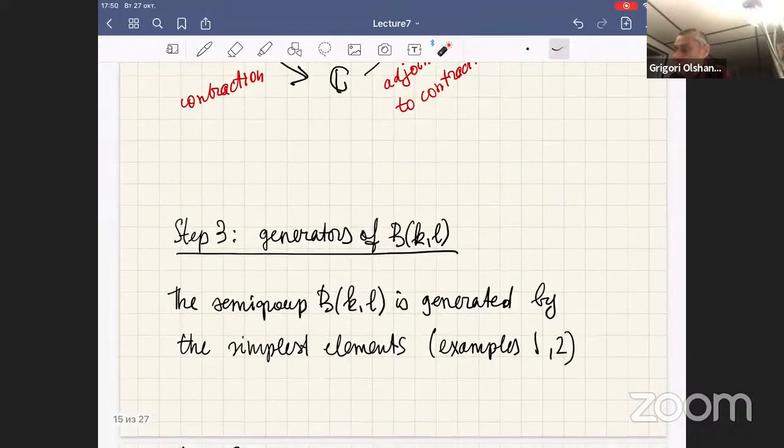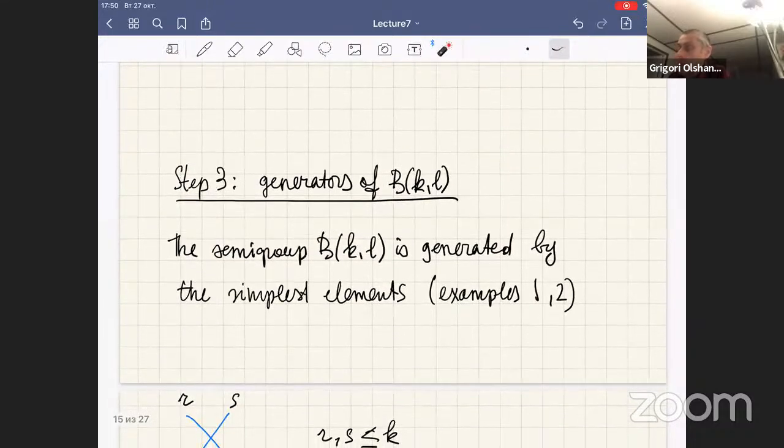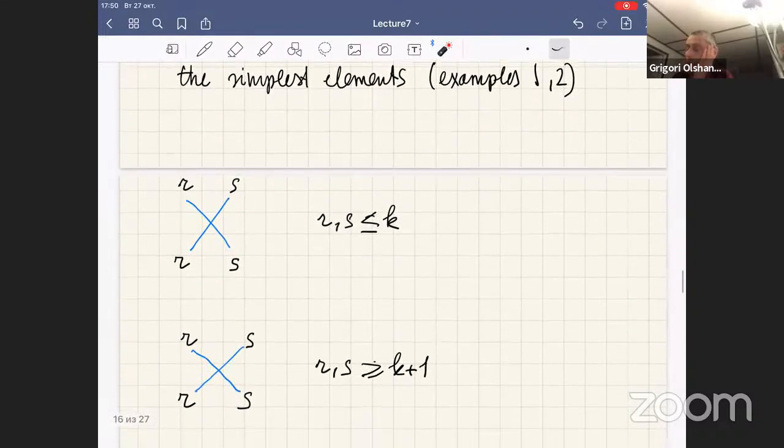What next? The next is an observation. It's easy, actually, that our semigroup is generated by these simplest elements from these examples. A cross, which corresponds to some transposition, a group element, a transposition inside one copy of a symmetry group, or from our symmetry group.